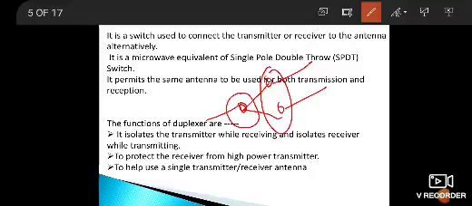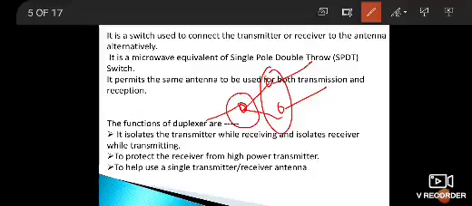The main function of the duplexer is that it isolates the transmitter section and the receiver section whenever one of the sections is in use, and vice versa. It isolates the transmitter section while receiving the signals, and it also isolates the receiver section while transmitting the signals.